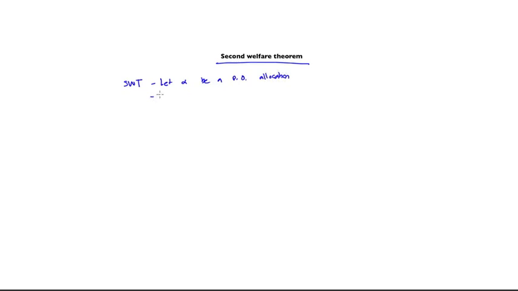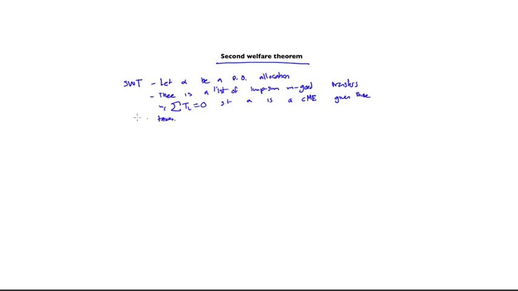Then there exists a list of lump sum M good transfers with their sum t equals 0, such that alpha is a competitive market equilibrium given those taxes.